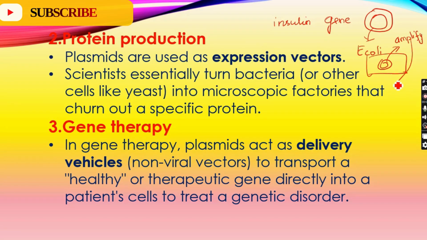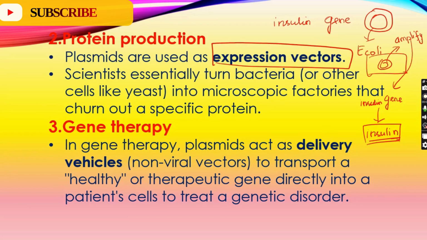After the amplification, the insulin gene integrated into a plasmid can express its function. That means it can produce the insulin protein, the insulin hormone. So the insulin hormone can be harvested through this technique. So it can be used as an expression vector, so that insulin or any gene that produces certain proteins can be harvested. So it can be used as a microscopic factory for the harvesting of specific proteins.